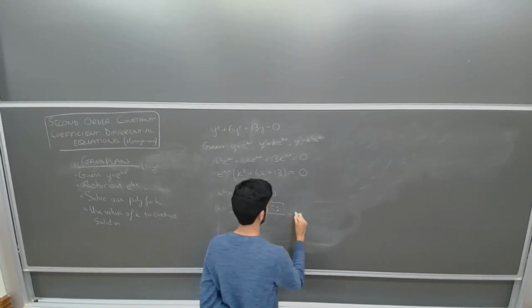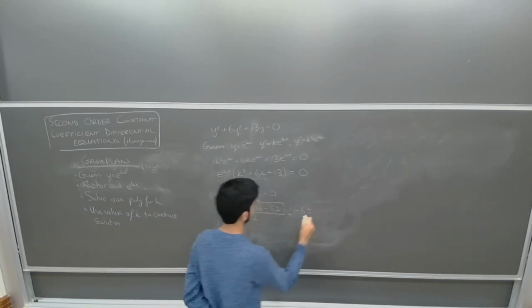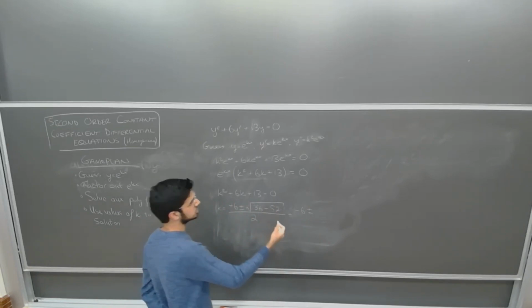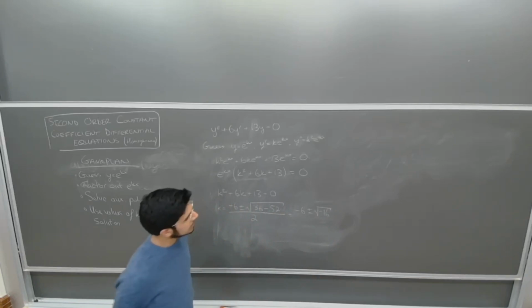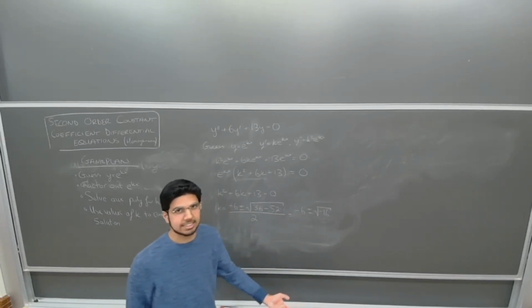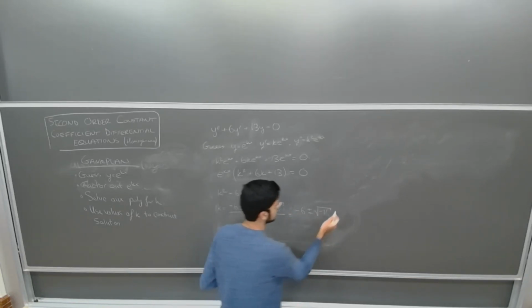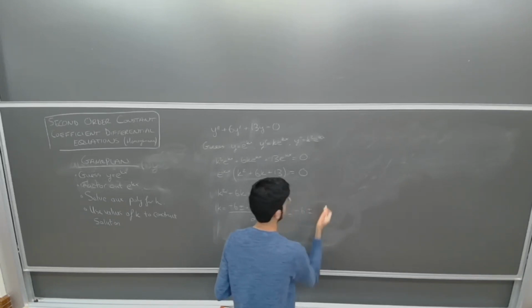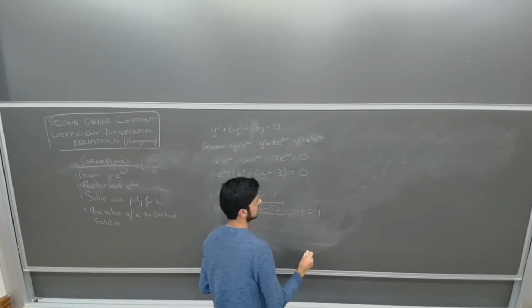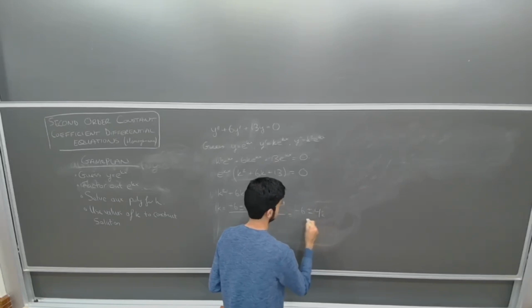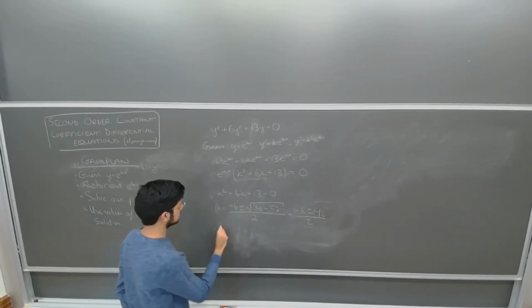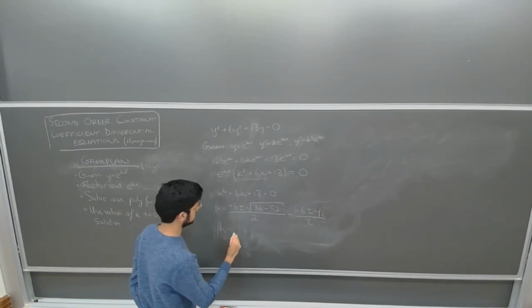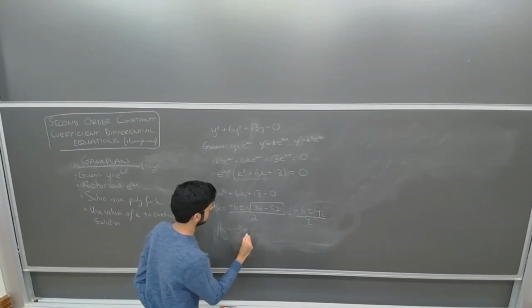Okay, so this is equal to negative 6 plus or minus the square root of negative 16. But that's equal to the square root of 16 times the square root of negative 1. And the square root of 16 is equal to 4. The square root of negative 1 is equal to i. And we're dividing by 2. Which tells us that k is equal to negative 3 plus or minus 2i.